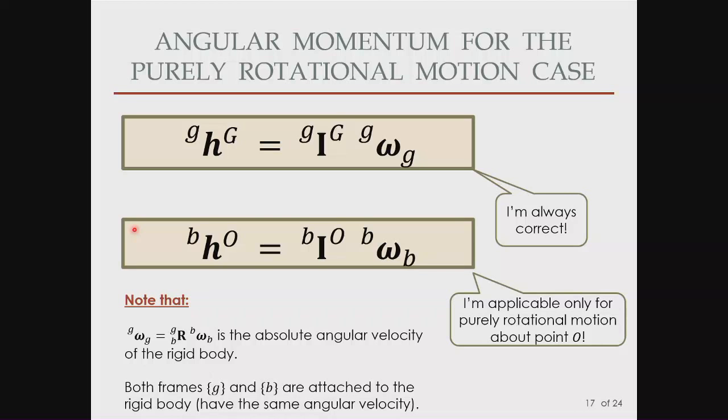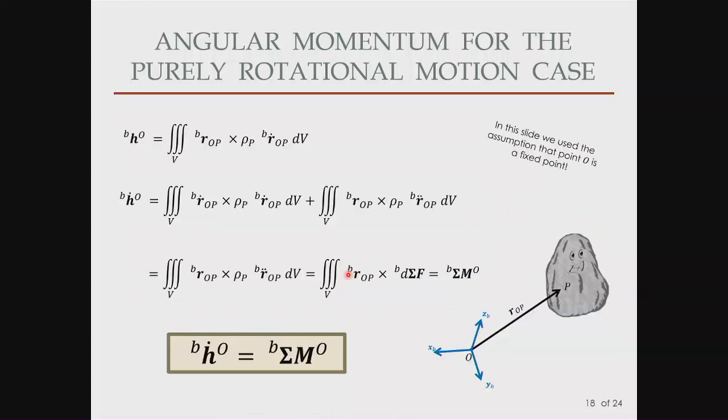Any questions? No questions? So this is for H related to I omega instead of the integral definition for the case of purely rotational motion. So this is about point O.